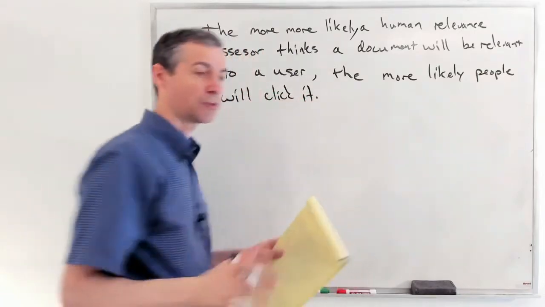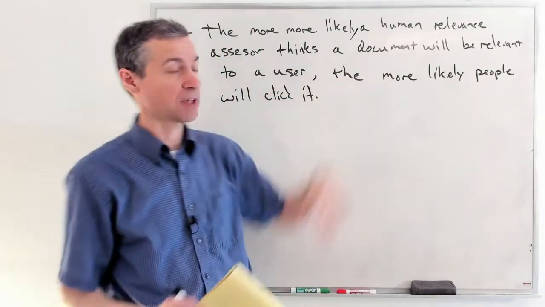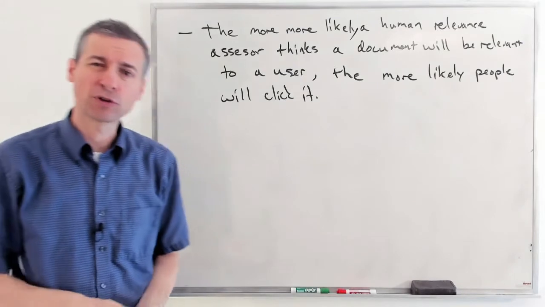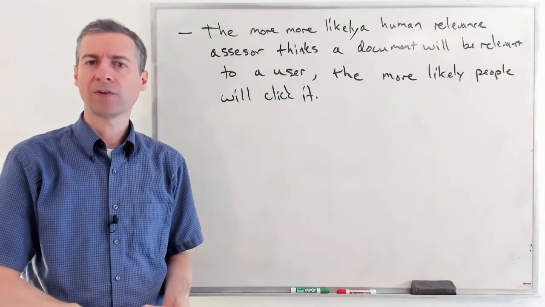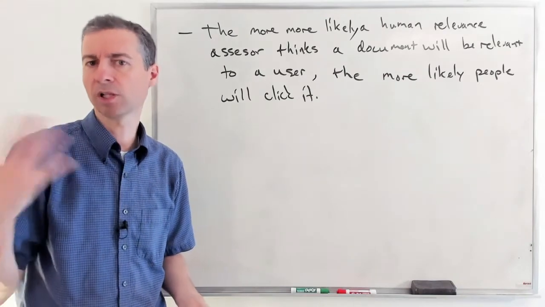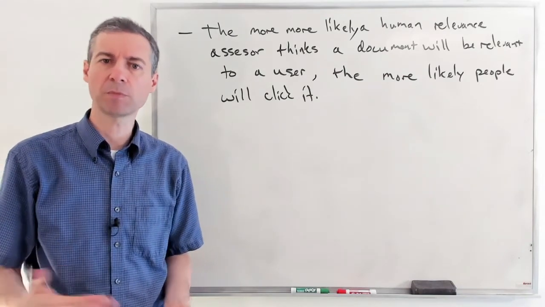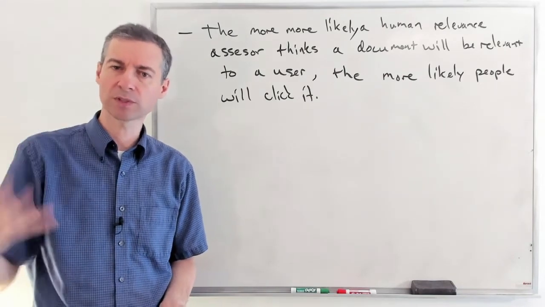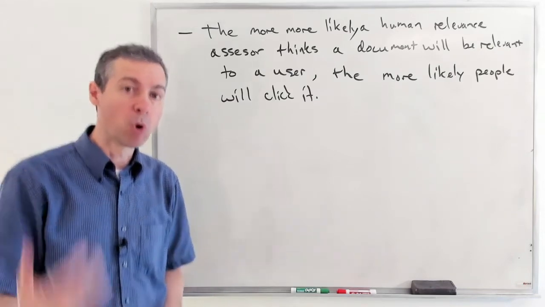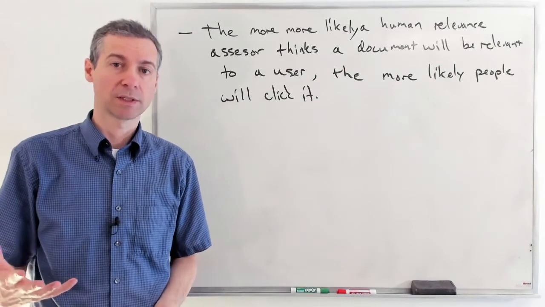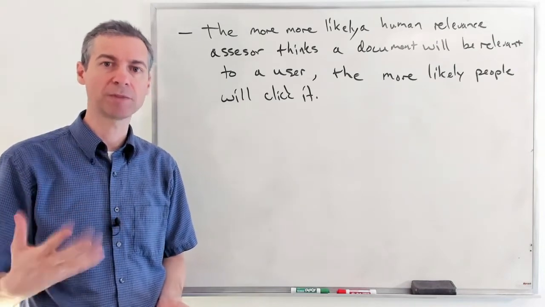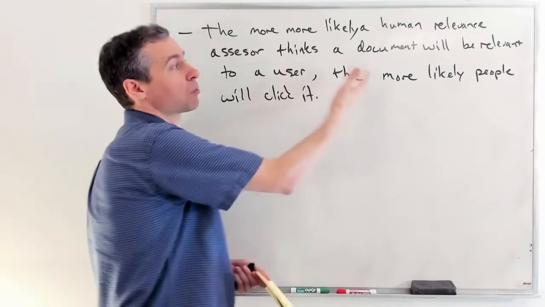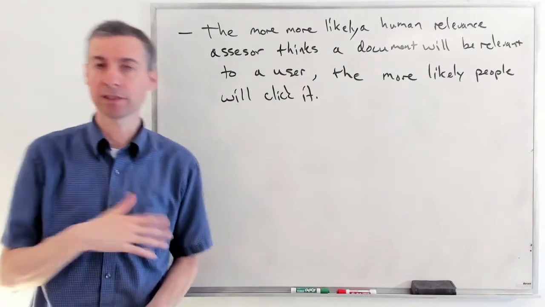And if we ask these relevance assessors to grade the quality of how relevant they think it's going to be to people in general, how important is this page, the more important it is from that relevance assessor's perspective, the better the document it is, the higher the probability people will click on it.